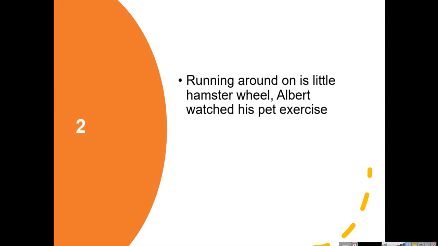Let me ask you this. We have this sentence: running around on his little hamster wheel, Albert watched his pet exercise. Who do you think is running around on his little hamster wheel? Is it Albert? Okay, but we know that Albert watched his pet. So Albert has a pet.